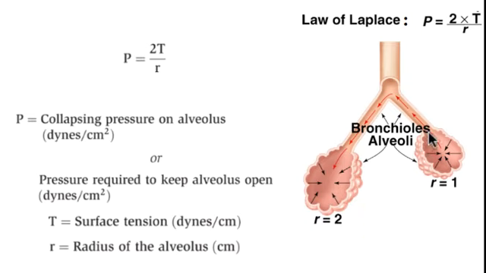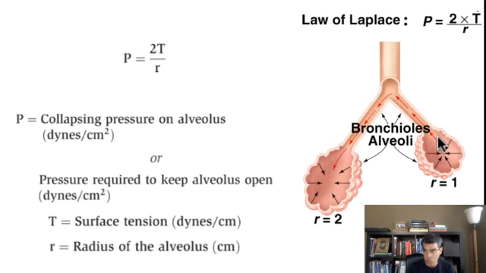Now, let's explore the idea of surface tension here in a little more detail. Remember we said inside the lung we have a small amount of water, and that is going to try to collapse the lung. So if I want to open this alveolus, I have to create enough force to overcome the elasticity of the wall of the alveolus, and also I have to overcome the surface tension.